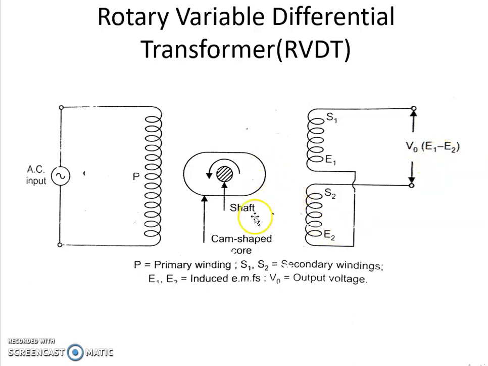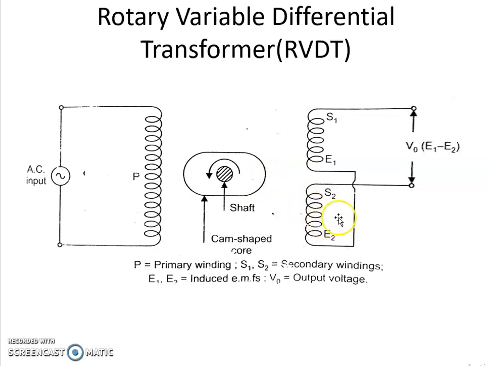Now this shaft can be rotated either in the clockwise direction or in the anti-clockwise direction. When this shaft is rotated in the clockwise direction through a certain angle theta, more of the core will be linking, or the distance between the core and the winding S2 will be less.